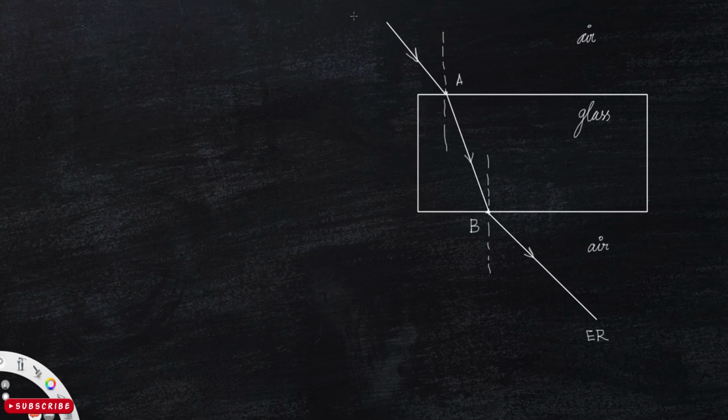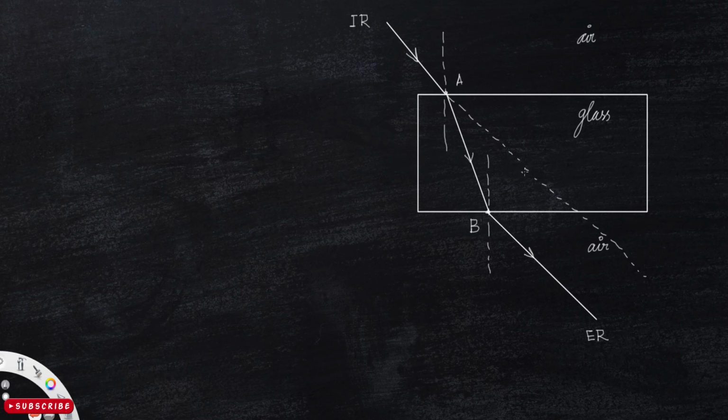This is the incident ray. We know the incident ray and emergent ray are parallel to each other. Actually this is the path of the incident ray, which means if there is no rectangular glass slab, the ray will move like this. But when you look at the emergent ray, it is parallel to the path of the incident ray.